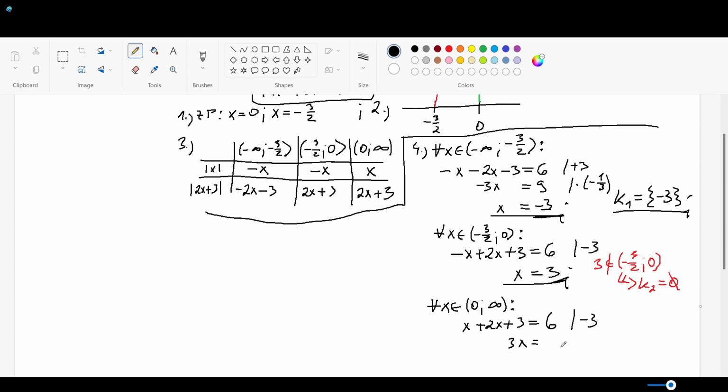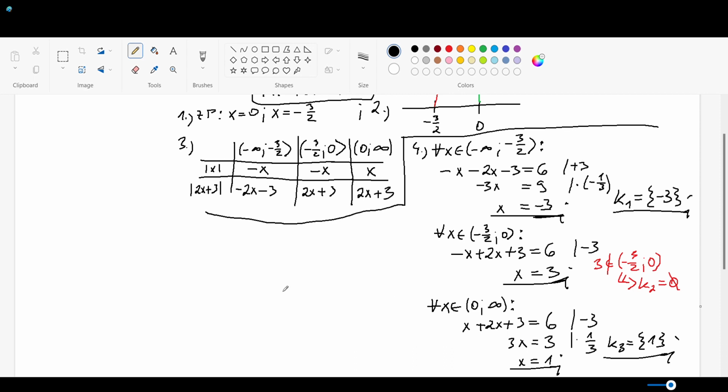Take away 3, so 3x is equal to 3, which means times 1 over 3, x is equal to 1. Let's do the quick check. 1 is from this interval, so it means it is a good solution for us. So K3 consists of number 1, so it's a one element set.